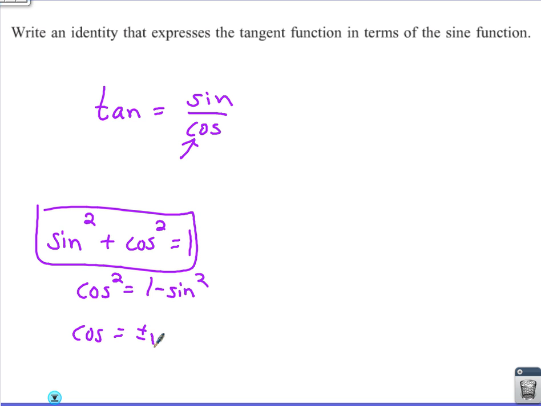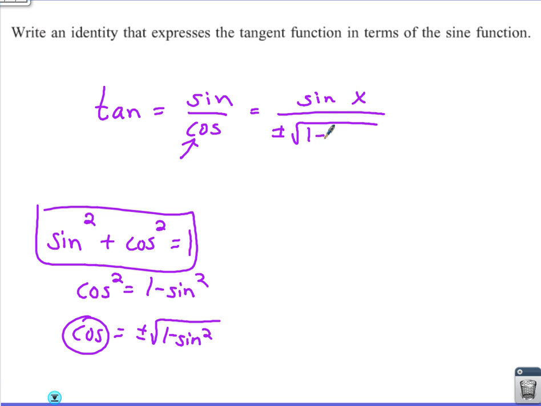Cosine is equal to plus and minus the square root of 1 minus sine squared. There's what cosine is equal to. So now I can go back up here. Tangent is equal to sine, we'll use x, divided by plus and minus the square root of 1 minus sine squared x.